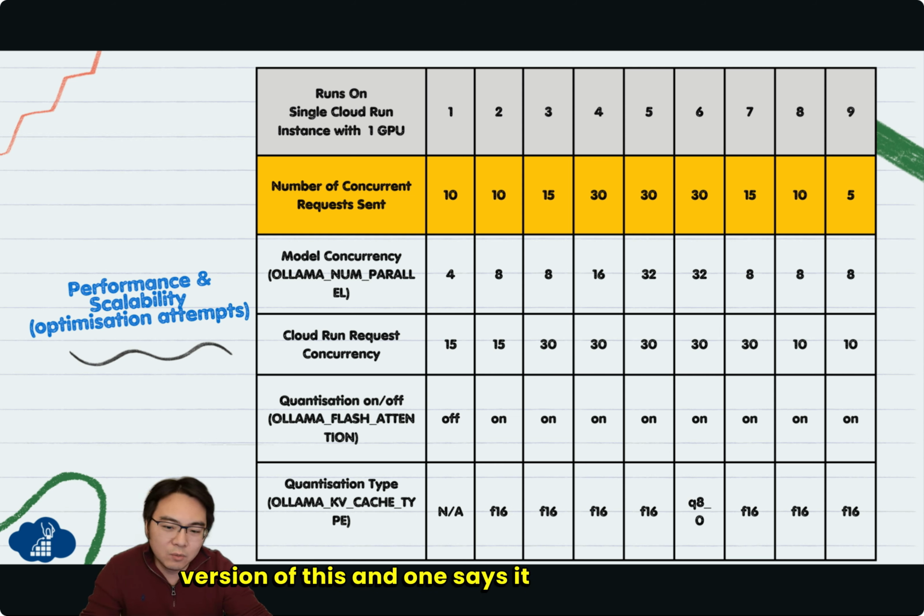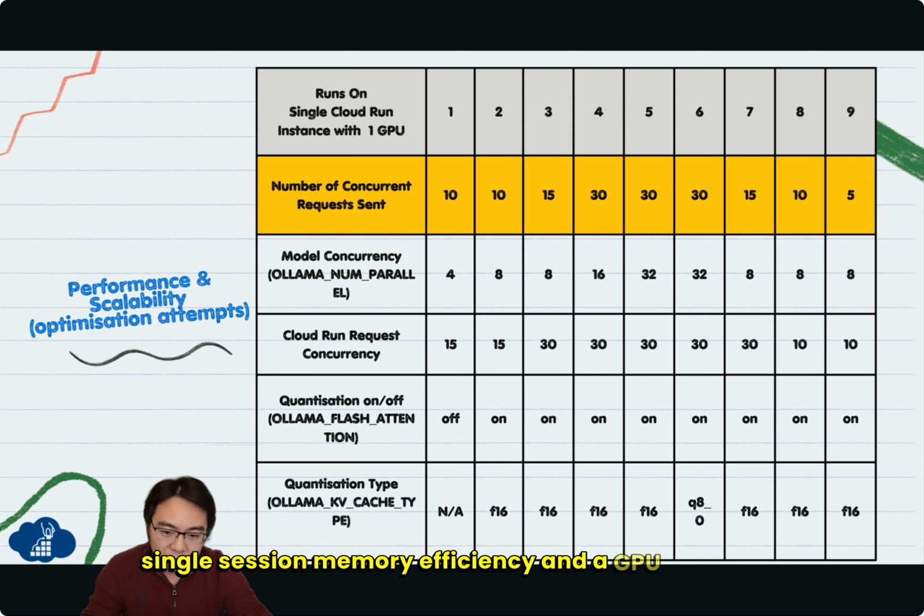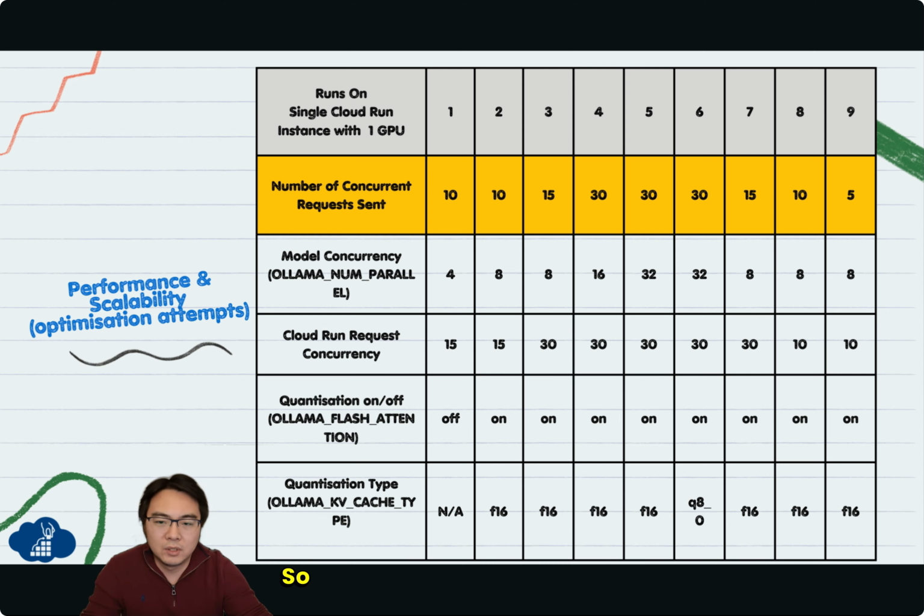One, which is what Ollama says, is that it will only improve the single session memory efficiency and the GPU compute efficiency if you turn this on. But there's another version saying, look, if you turn this on, it will also help your concurrency between the sessions, in different sessions, right? I just wanted to see if that's true or not.